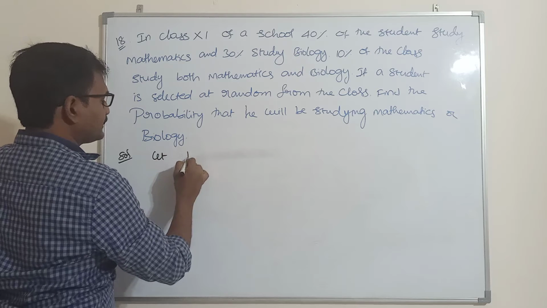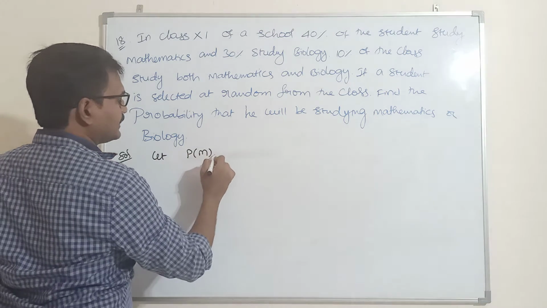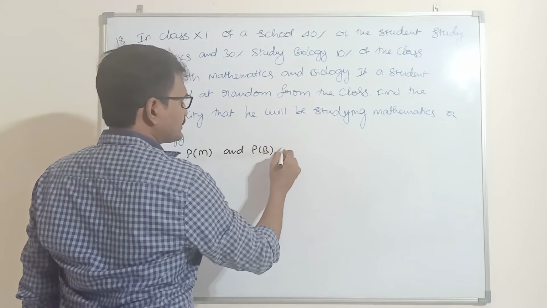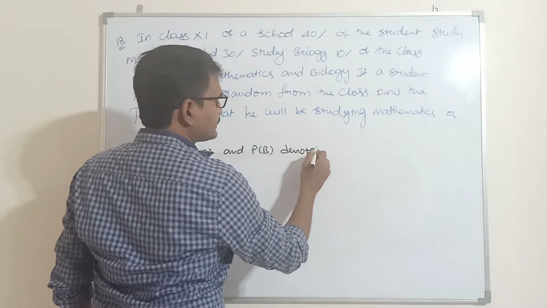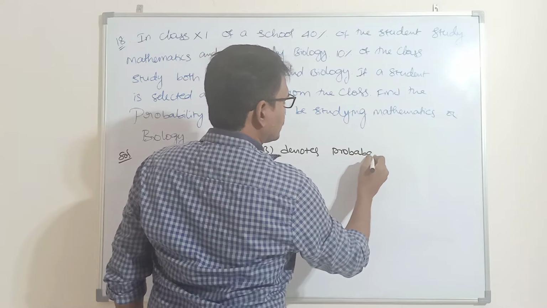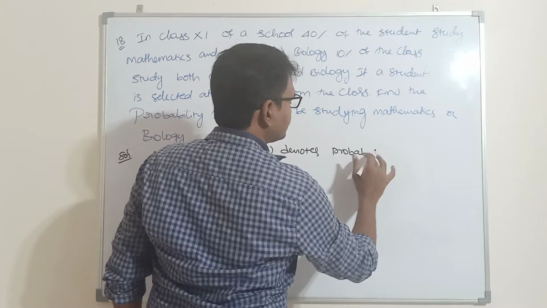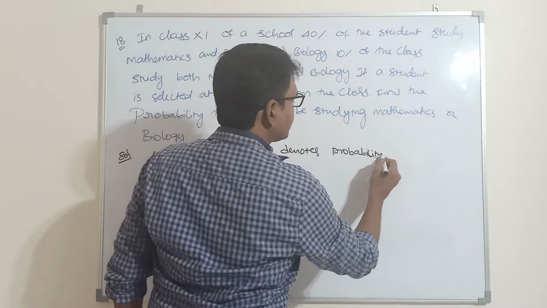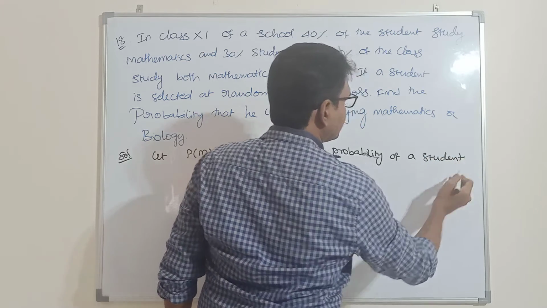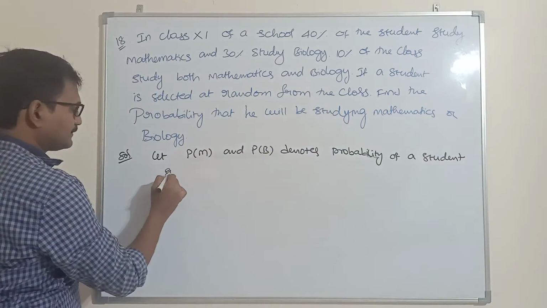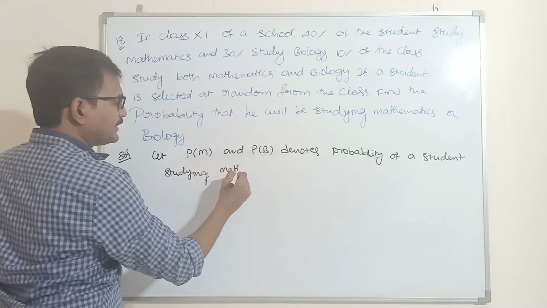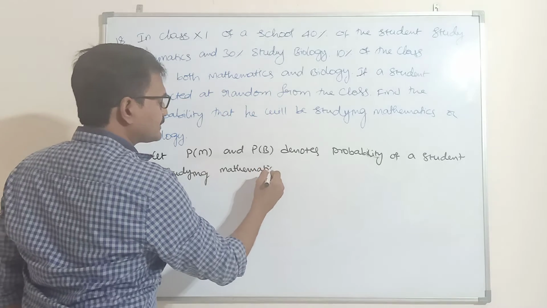Let P of M and P of B denote the probability of a student studying mathematics and biology respectively.